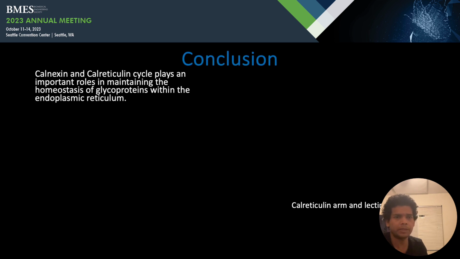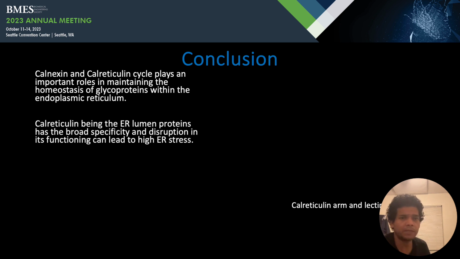And the main conclusion that we can get from this study is that the Calnexin and Calreticulin cycle plays a role in maintaining the homeostasis of glycoproteins within the endoplasmic reticulum. In other terms, if Calnexin and Calreticulin function normally, then we will not see an overcrowded endoplasmic reticulum that might trigger ER stress.